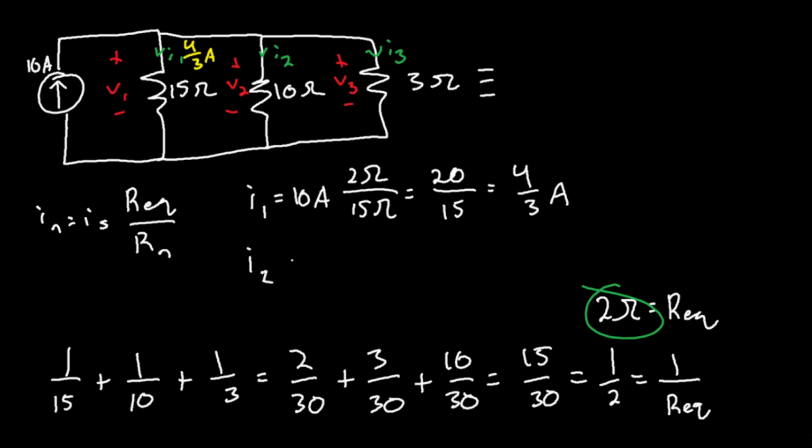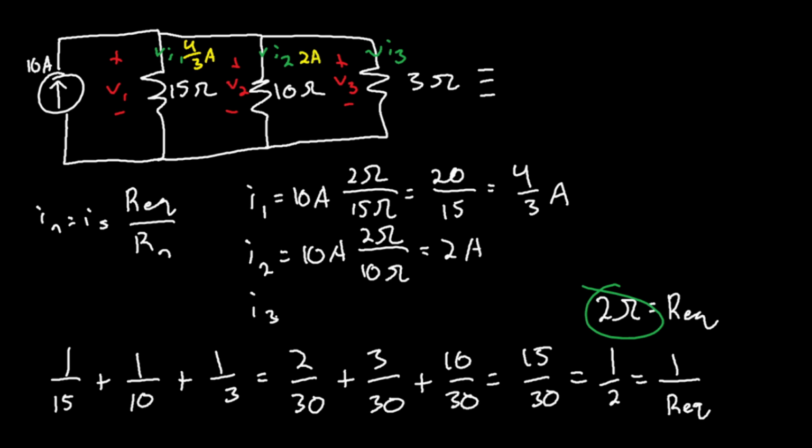All right, let's go ahead and solve I of 2. I of 2 is equal to, again, the current going into the circuit times the equivalent resistance over the resistance of the current we want to solve. So 10 ohms is the resistance at I of 2. This just equals a simple 2 amps.